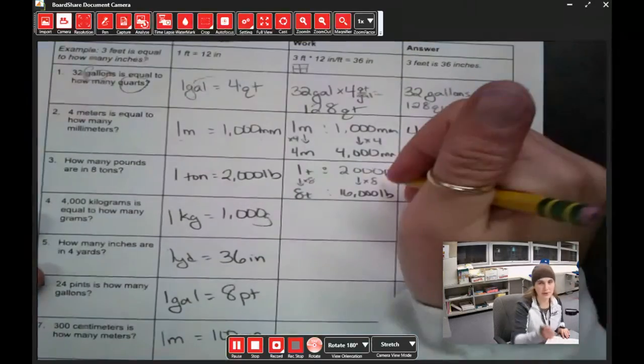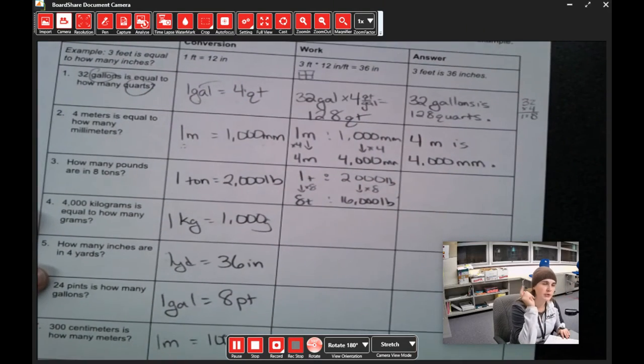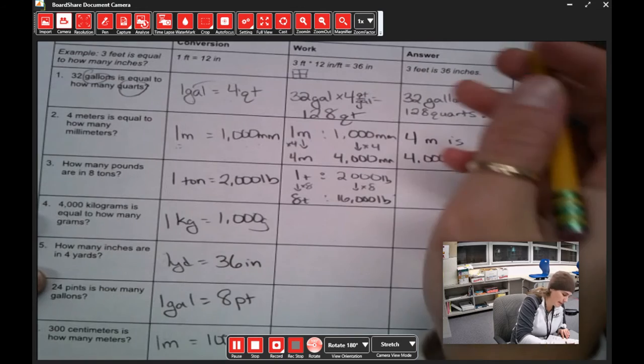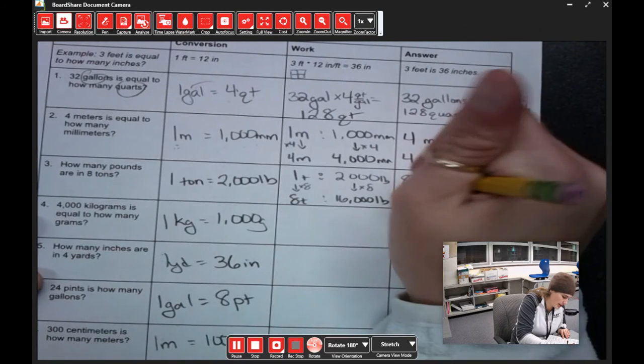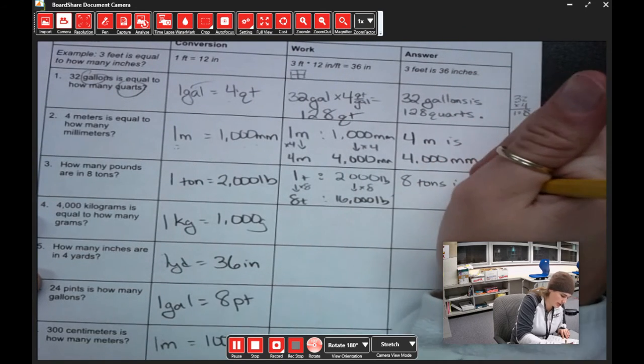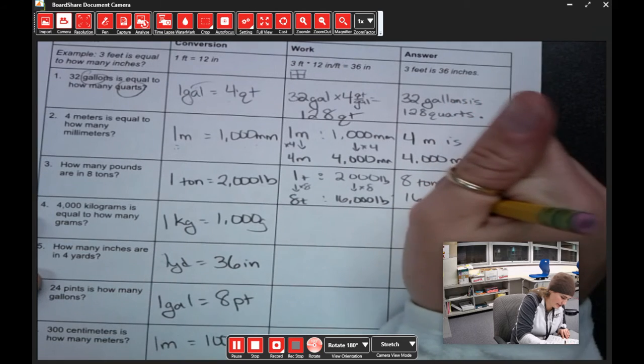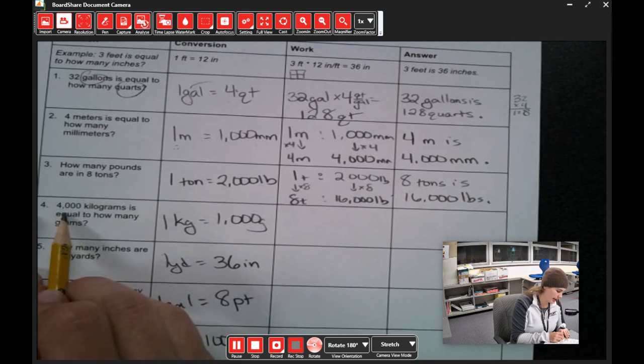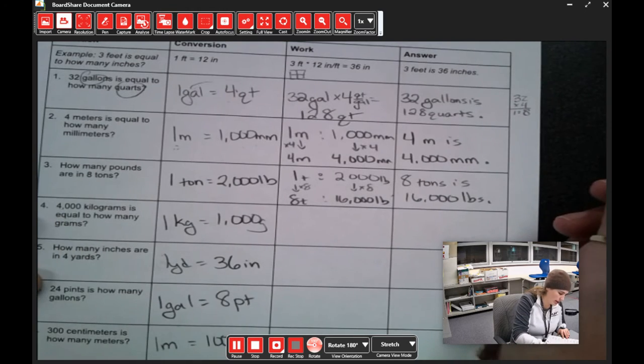It's important to keep the units on there for your work because you want to make sure you're not accidentally swapping the two and then multiplying when you should be dividing or vice versa. So 8 tons is 16,000 pounds.